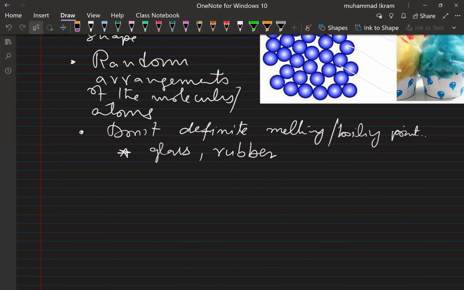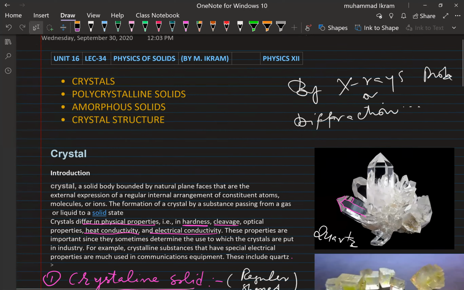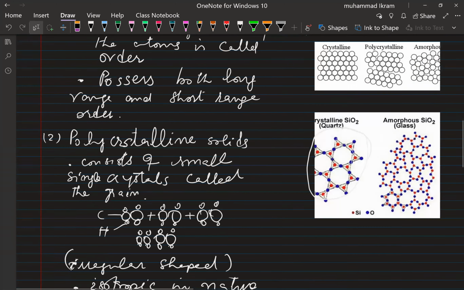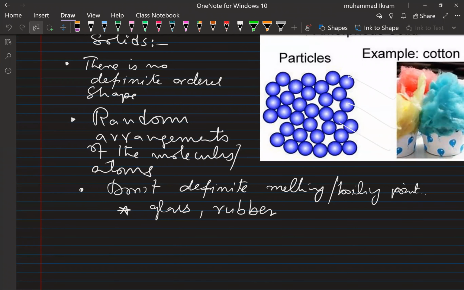So we have these three types of solids: the crystalline solids, the polycrystalline solids, and the amorphous solids. The next topic is the crystalline structure, which I will explain in my next lecture.